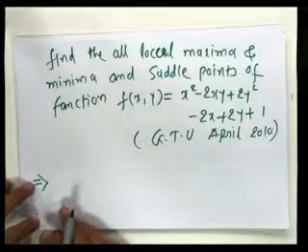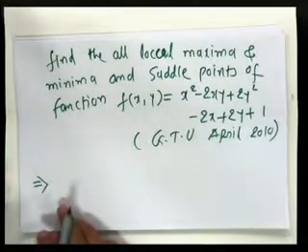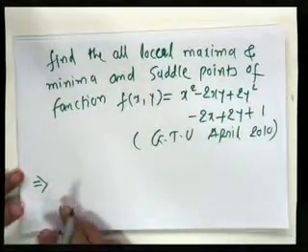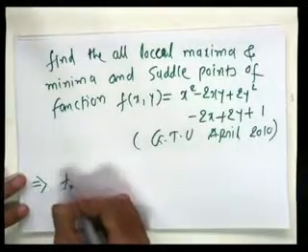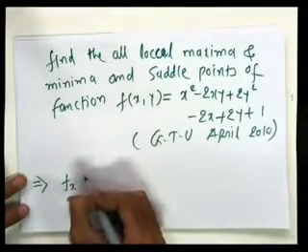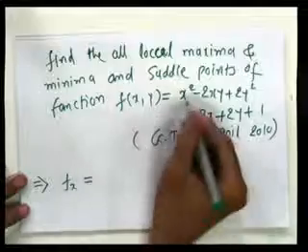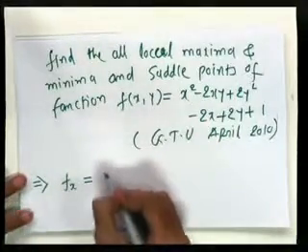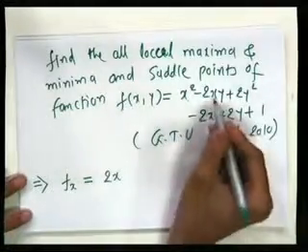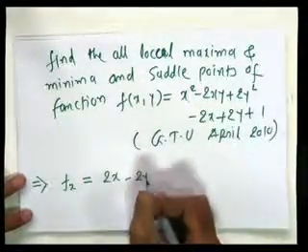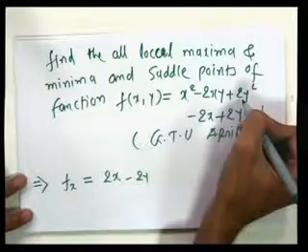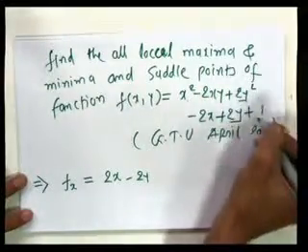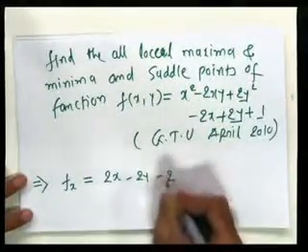Okay, so first we need to find the partial derivative of f with respect to x. That means fx is equal to 2x minus 2y, this one is 0, this one 0, minus 2.